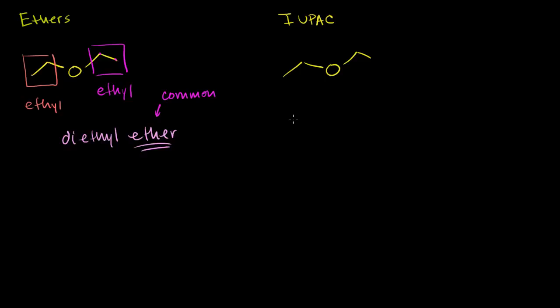Well, you look for the longest chain. In this case, there's two longest chains. There's this one that has 1, 2 carbons, and then you have this one that has 1, 2 carbons. So you could pick either one. I'll just pick this one as the main chain right over there. It has 2 carbons, no double bonds. It is ethane.